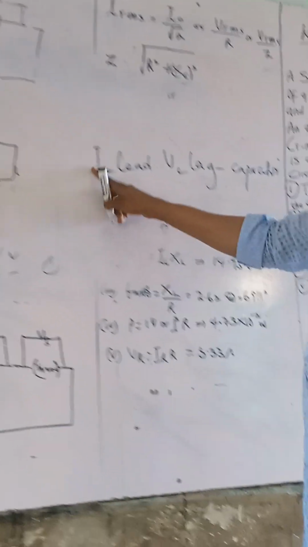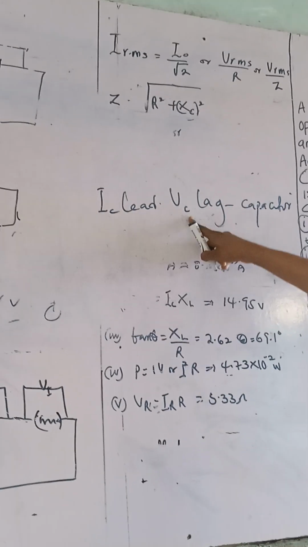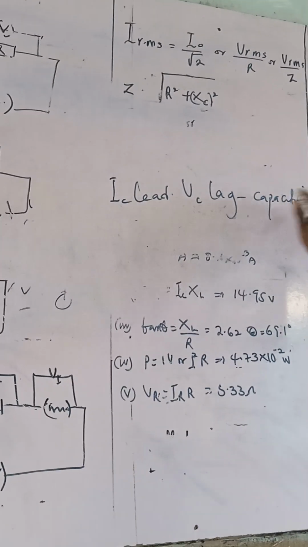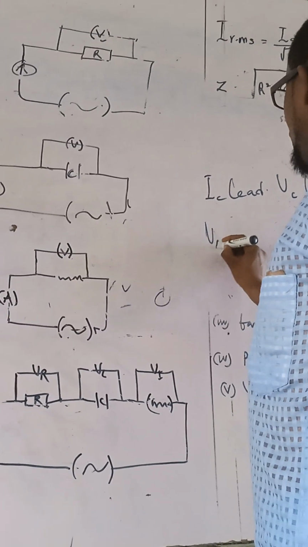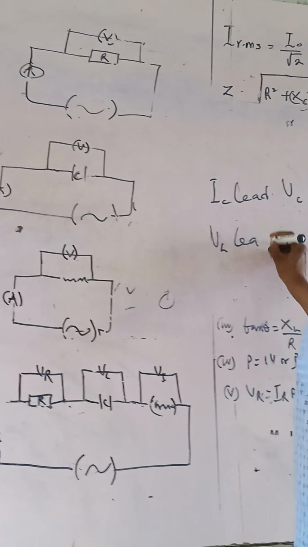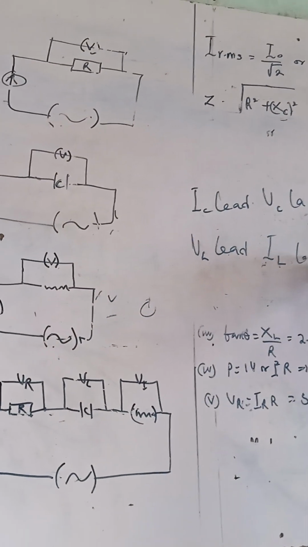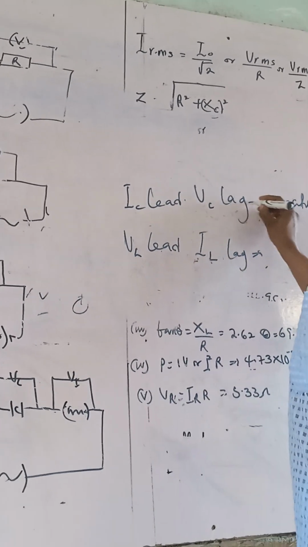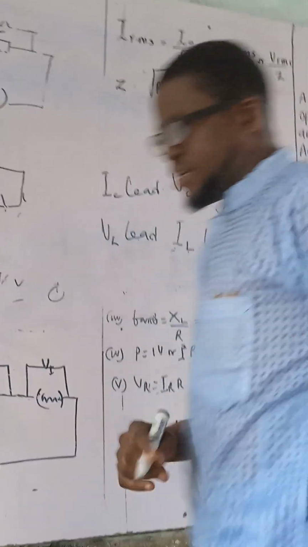Current in the capacitor lead, while voltage in the capacitor lag. Now in inductor, L is the symbol for inductor. Voltage in inductor does what? Lead, while current in the inductor lag. This is for inductor. So we continue from the next class.